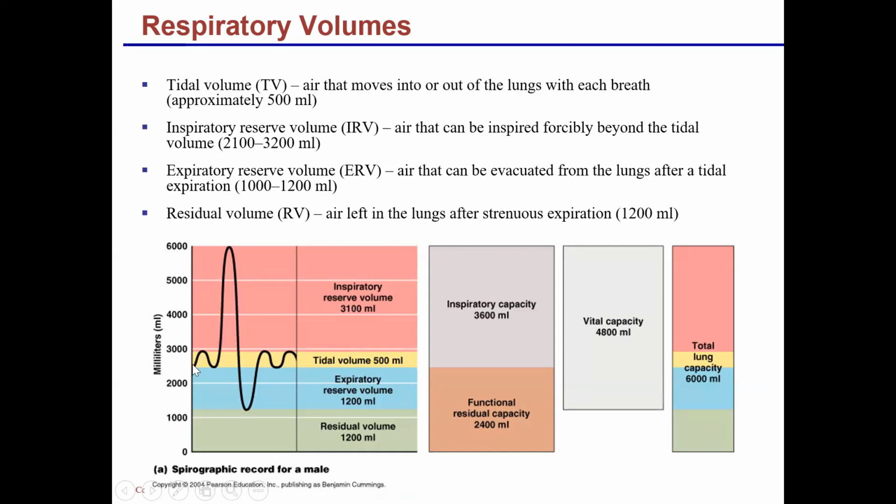If you look at the y-axis, this is the volume, right? 1,000 ml to 6,000 ml, the volume of air your respiratory system can hold. Here in the yellow part, if it goes up, that's inhale, goes down is exhale.